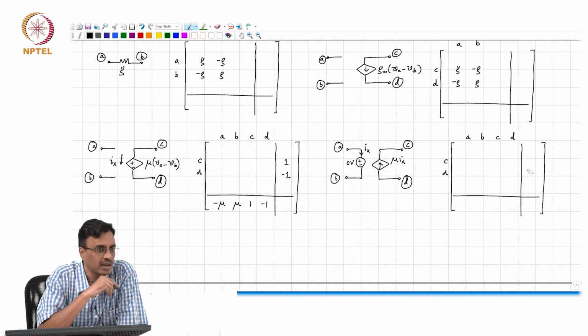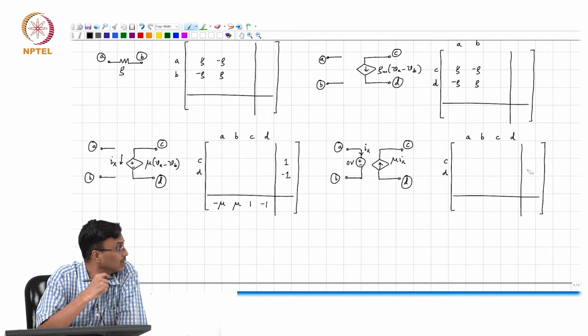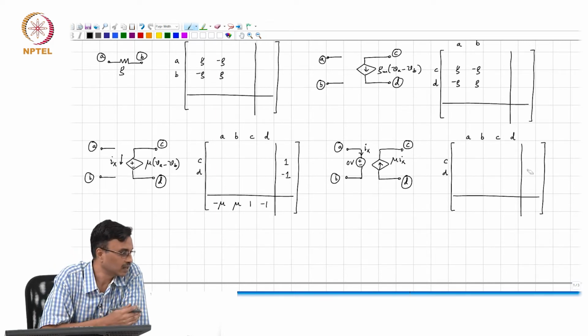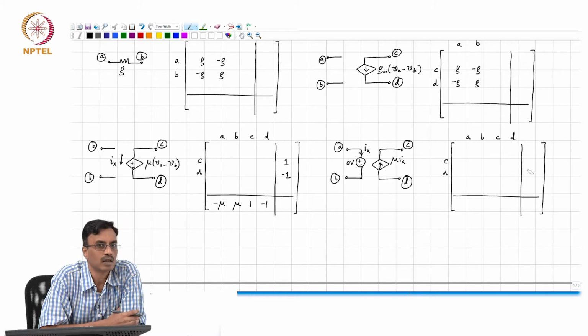Do we need an auxiliary unknown, or is there an extra unknown? Why? What are all the unknowns that are there in the network? All node voltages and currents that are flowing through voltage sources are all unknowns.